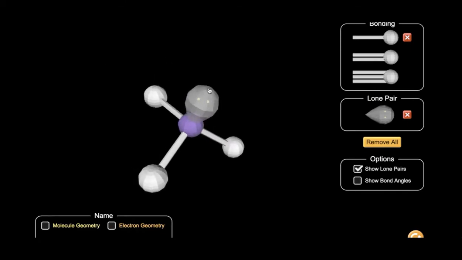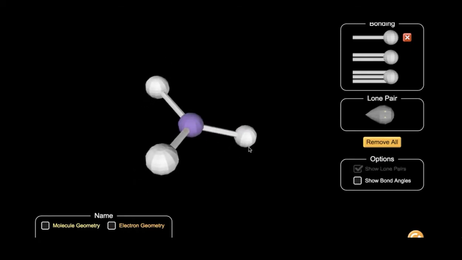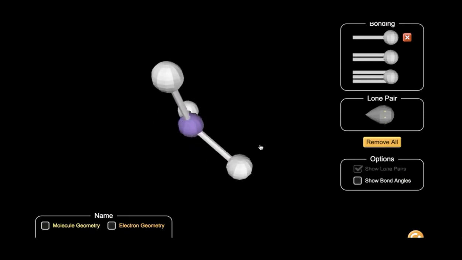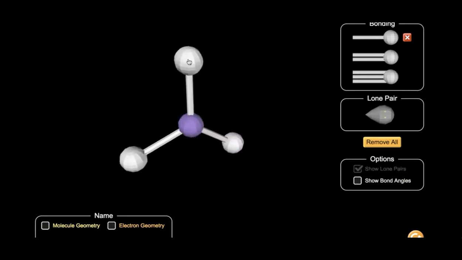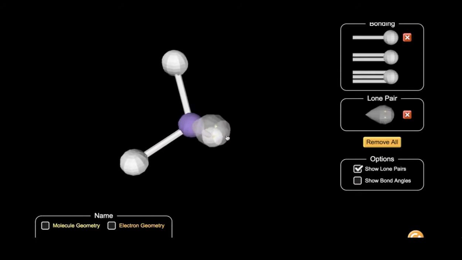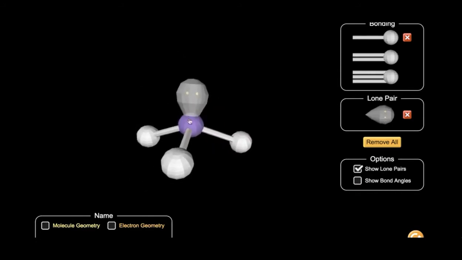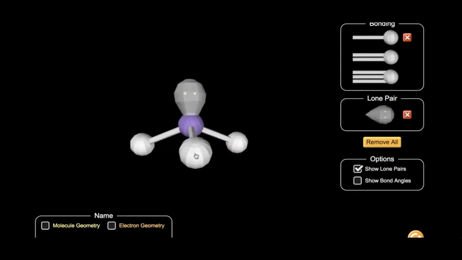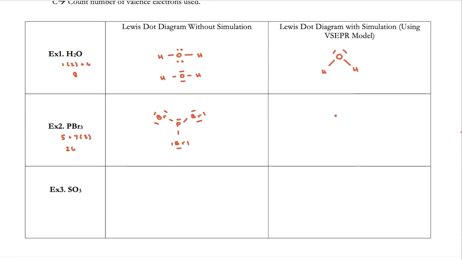Notice before, when I didn't have the lone pair, it looked like this. They were all on the same plane, okay? But as soon as you add that lone pair of electrons, this is the shape that you have. So I'm going to show you right now how I would draw this, but notice you've got 1 lone pair of electrons on top and then 3 moving downwards. All right, so what you should have seen is the following.